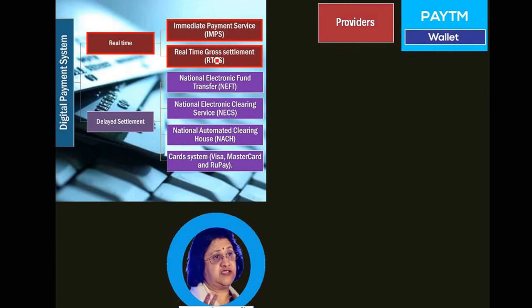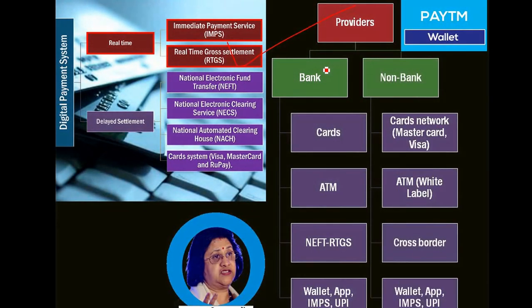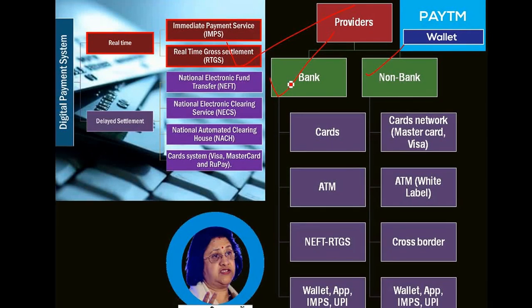A bank entity can provide both kinds of service, real time as well as delayed settlement, but a non-bank entity can provide only real time settlements, using wallets. Paytm is an example of a non-bank entity which can provide the services of an electronic wallet.